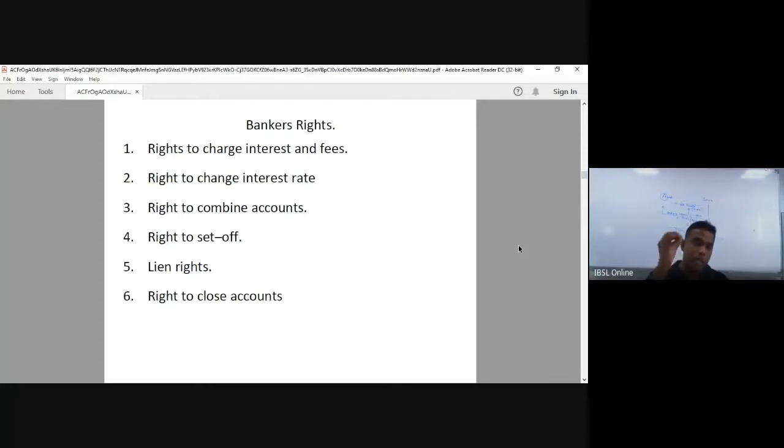If it is a savings account, you can send a letter to the customer saying we are closing your account and you have 7 days to withdraw your money, or otherwise we will close the account and return your money. But if it is a current account, 7 days may not be enough. So you have to decide what is the reasonable time period.